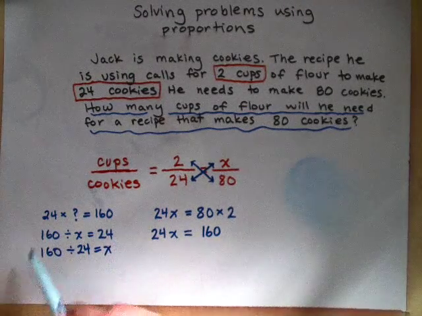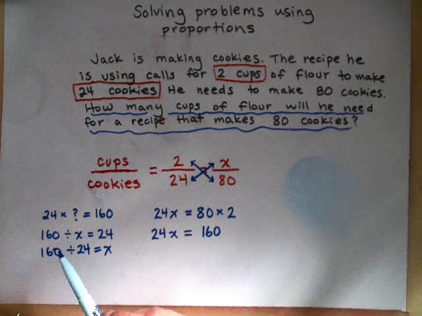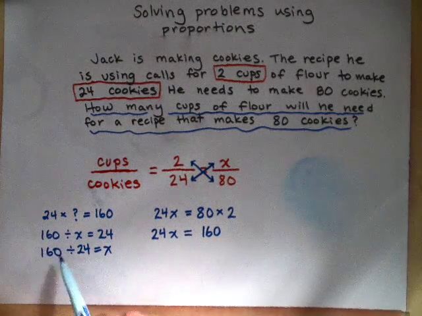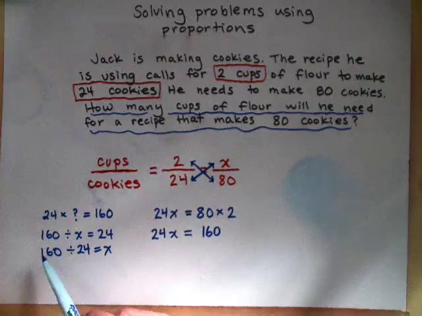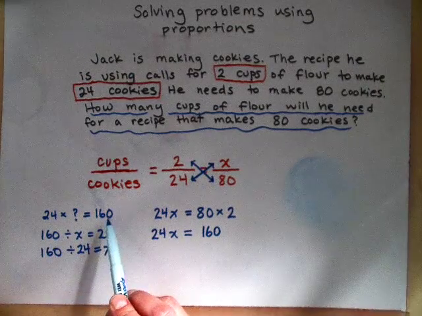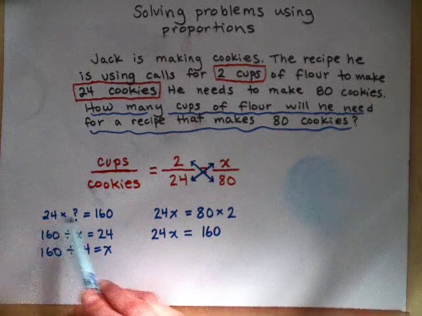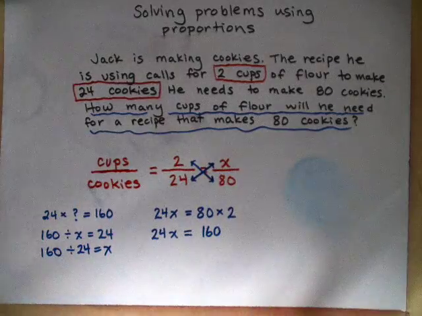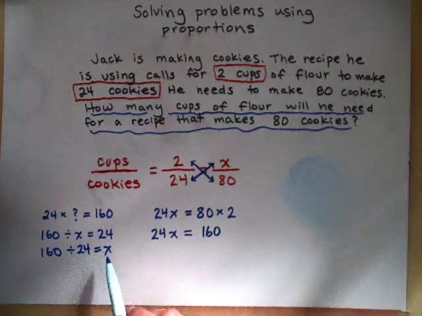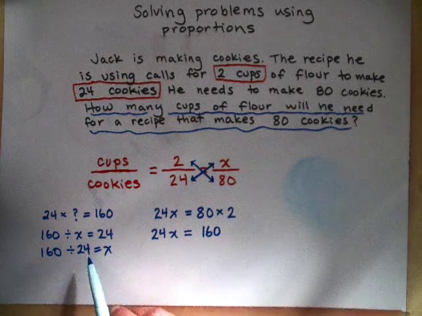Those are the fact families I think you learned in, I don't know, primary, elementary, first, second, third, or fourth grade. These are really important to remember and to understand that this times this equals this, which also means this divided by either one of these equals the other one. Okay, so back to over here, since we are wanting to figure out what x is, then we're going to do 160 divided by 24.